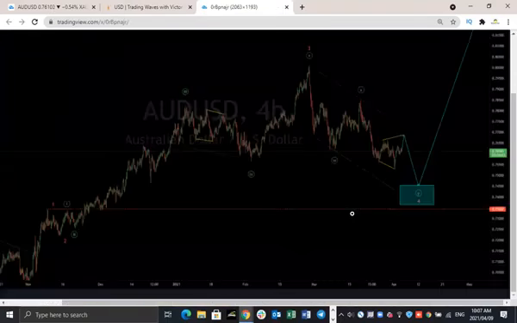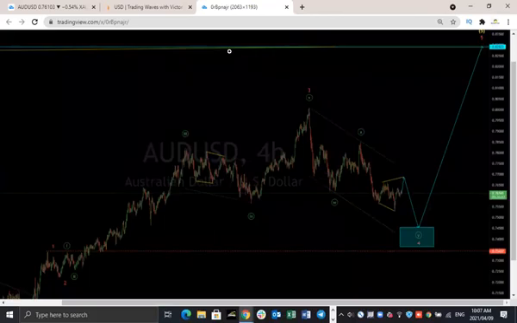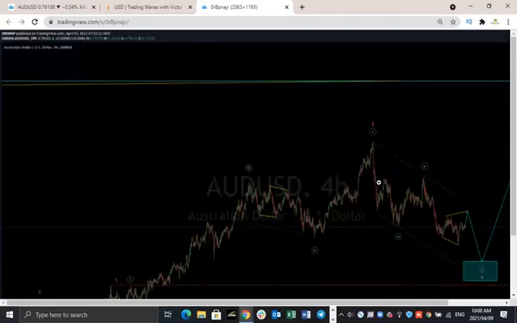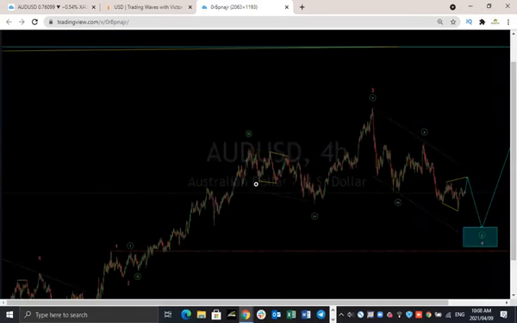As you can see here, we are looking for these to come to the downside here. There was even a possibility that we can pop up a little bit and make this structure here. But eventually we are looking to get into the blue box around this area and make a push to the upside. That's why we took this short-term trade here, looking for this to come down. If you've taken the trade, you can hold on to it, and then we'll be looking to take it down into the blue box.